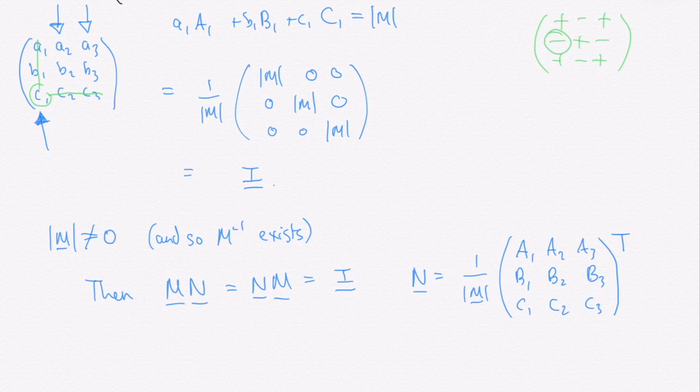If this is all true, then we end up getting that n is equal to m inverse, and actually this is definitely true the other way as well, because if this is equal to the inverse of m, then we must have that multiplying it by m gives us the identity matrix.